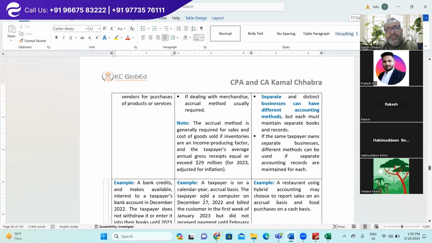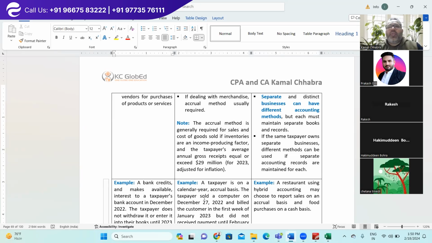Here is a good thing. For example, you have two, three, four businesses. It is possible that in one business you follow the accrual method of accounting, and other businesses might be small where you follow the cash method. That is also permissible. From an individual point of view, it comes under the hybrid.